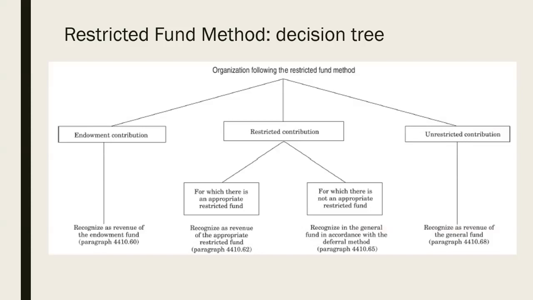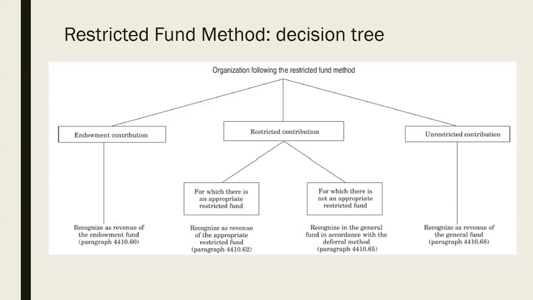So where the restricted fund method is used, you would notice there are three categories of contributions. You can have an endowment contribution, a restricted contribution, or an unrestricted contribution. If an endowment contribution is received, the amount received for the endowment is recognized as revenue in the endowment fund.